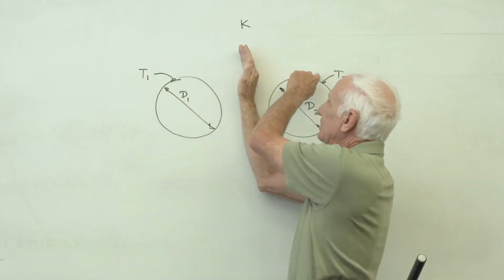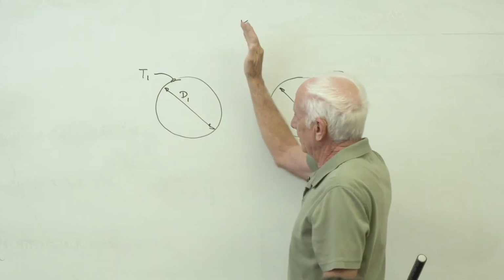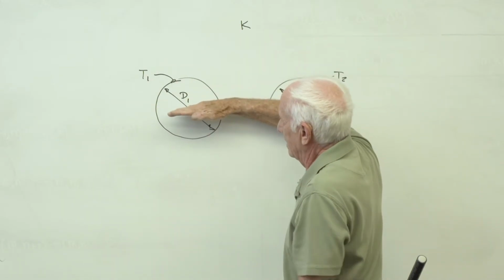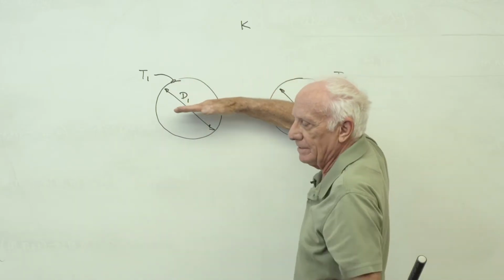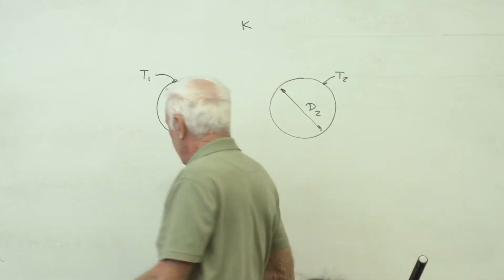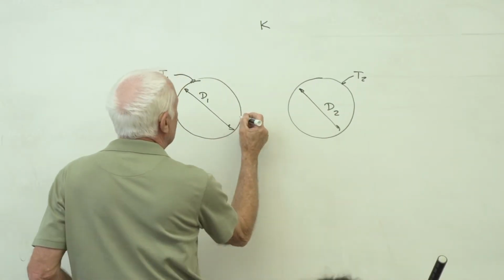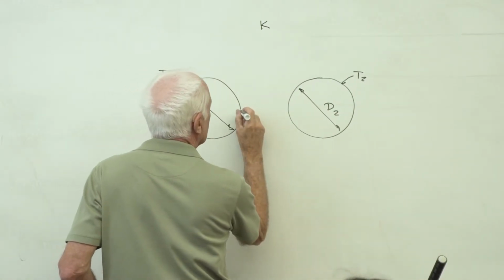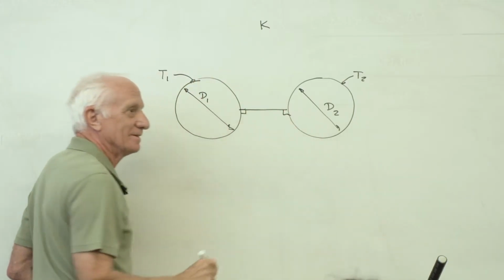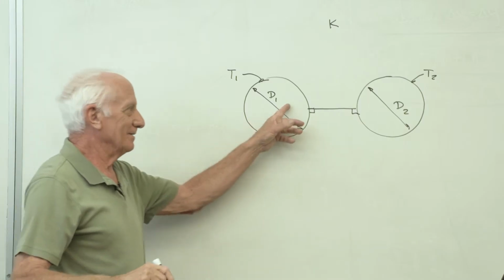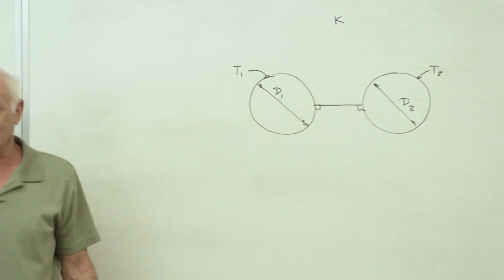T1, flip it over, T2, no. Try this guy. T1, T1, T2, T2. Yep, here's one right here. That line has both geometric and thermal symmetry, which of course is common sense. You know heat's going to go from the hot to the cold straight across. Why not?